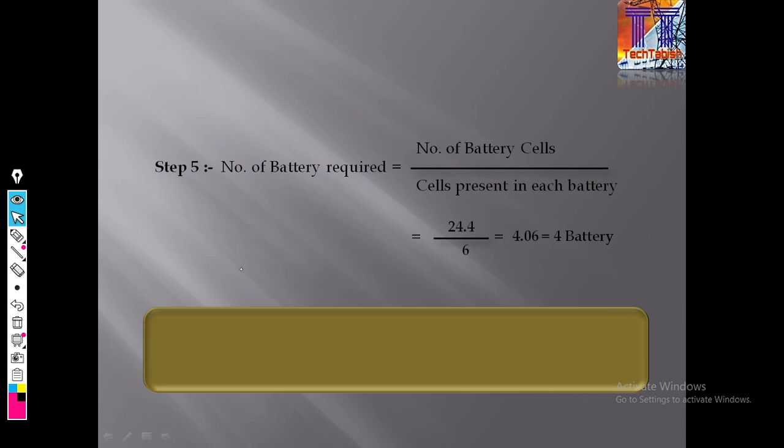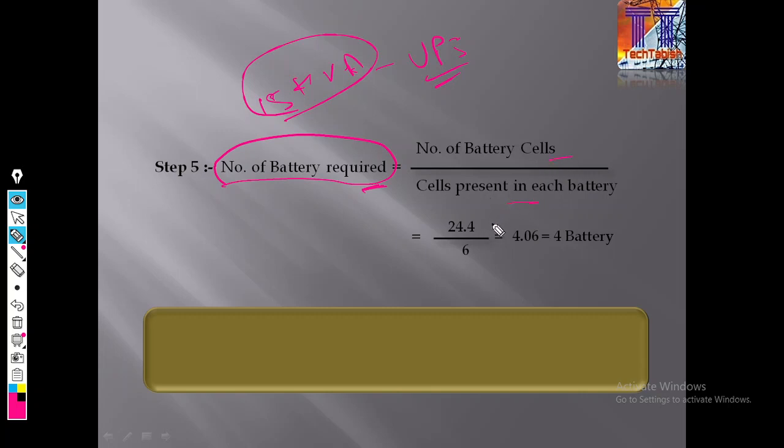Now in this slide, step number 5 is the number of batteries required for the 15 kVA UPS. The formula is number of battery cells divided by cells present in each battery.